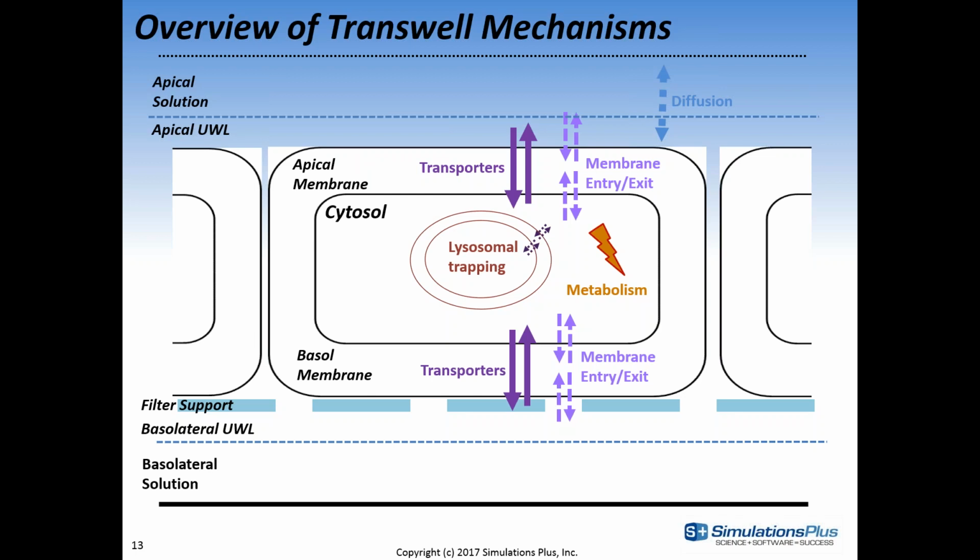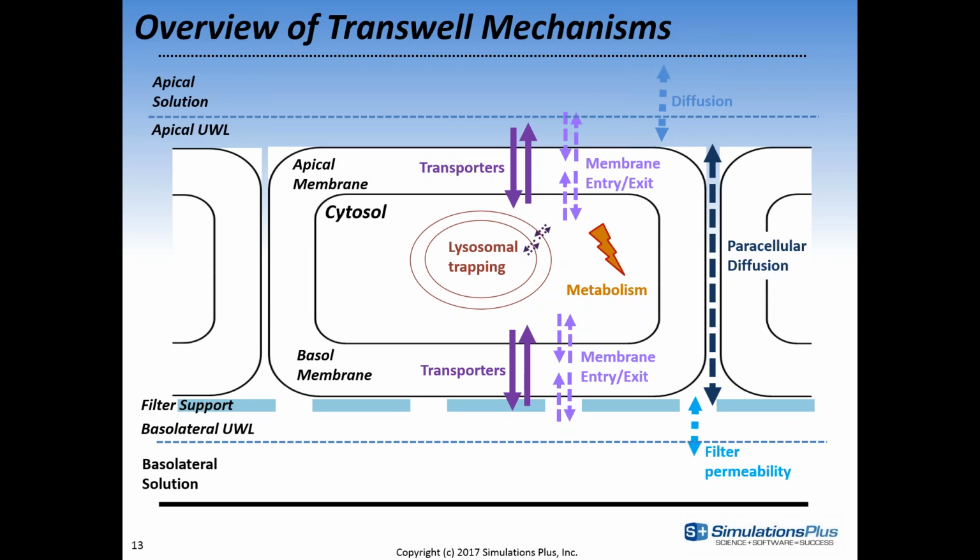It could also be effluxed with efflux transporters, or influx from the basolateral side as well. There's, of course, paracellular diffusion, and this depends on the radius of your molecule, and that determines at what rate it can diffuse through the pore radius of the tight junctions there.